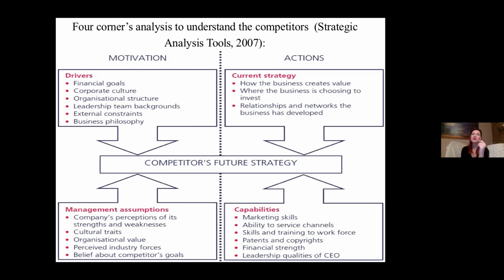So starting from the motivation, from the drivers, the most convenient way to do this analysis is to create the same table like here, 4 blocks. As for drivers, financial goals, what kind of financial goals does our company have?